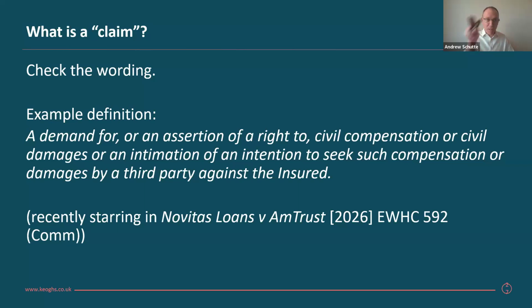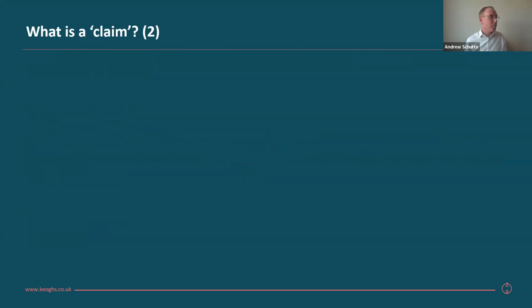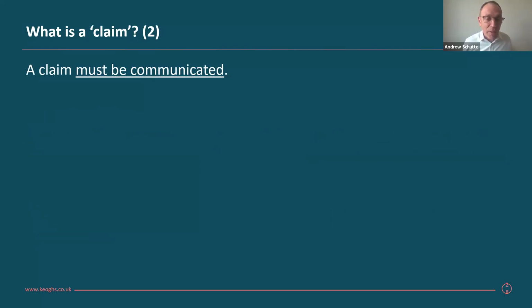Remember, a claim by a third party against the policyholder, not a claim by the policyholder under the insurance policy for indemnity. Different thing. An essential feature of a claim, this assertion of a right or a demand, is that it has to be communicated.